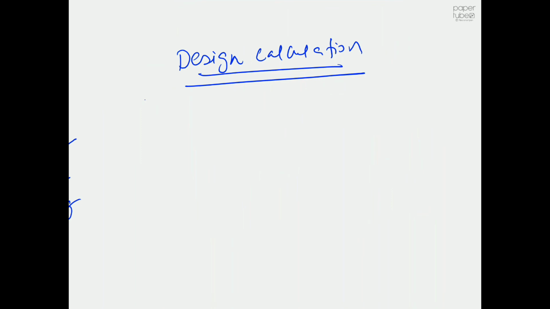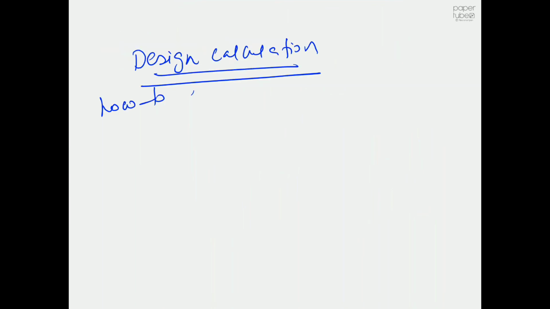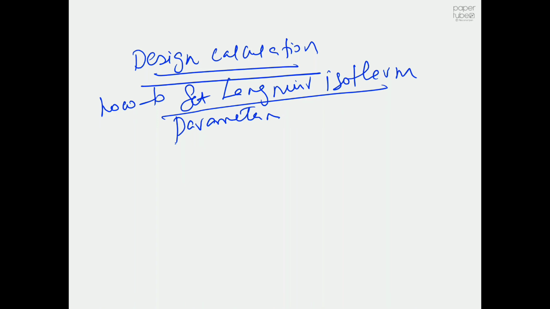I need to check a few things in my notes. Probably I can cover a bit more in this lecture itself: how to get these QM and KL values, how to get the Langmuir isotherm parameters. You might have done this in physical chemistry.